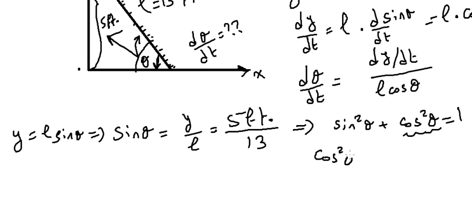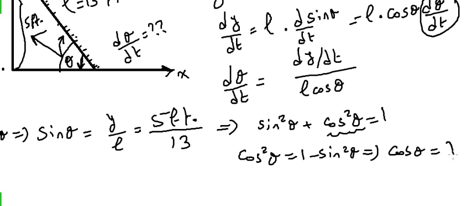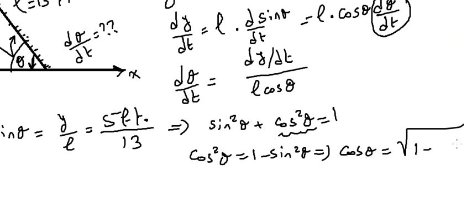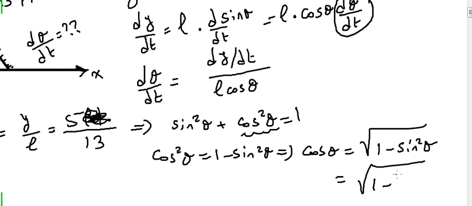So cosine squared theta is 1 minus sine squared theta. This means that cosine theta is the radical of 1 minus sine squared theta, and sine theta is 5 over 13, so the square is 25 over 169.